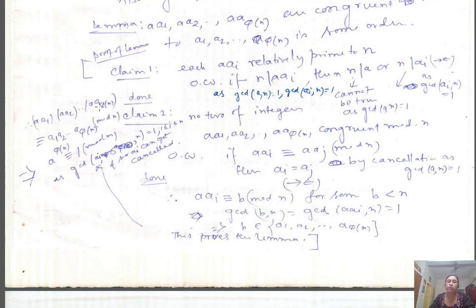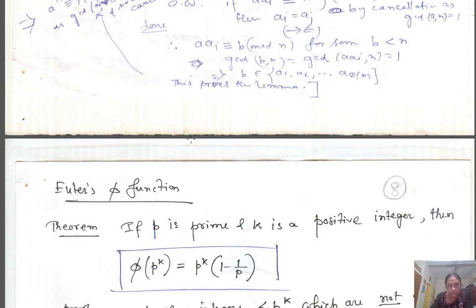The cancellation holds because n is co-prime to each of a1, a2, up to a phi n. That means the GCD of n and a1, a2, up to a phi n is 1. There also we apply Euclid's lemma, general form. You go through this same proof.